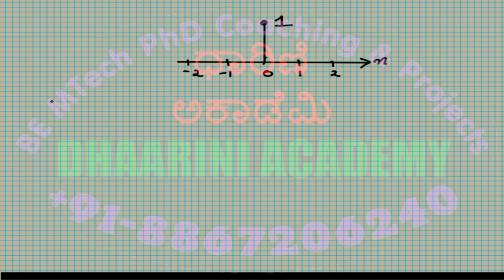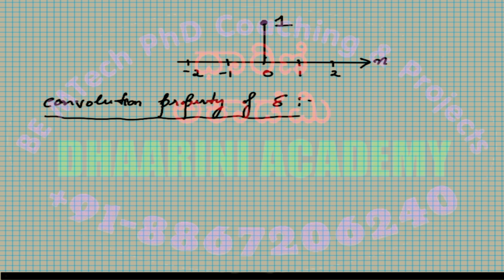So I'm going to first tell you about the convolution property of the delta. Whenever I perform the convolution, let us say I face a convolution of delta of n minus m with delta of n minus k.